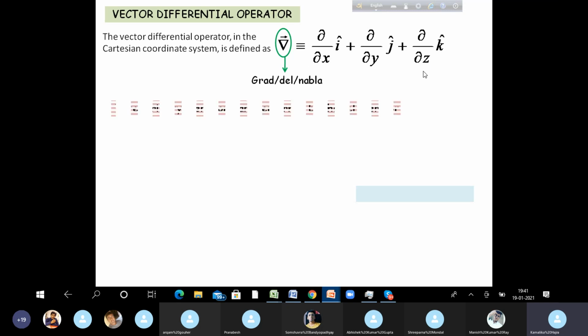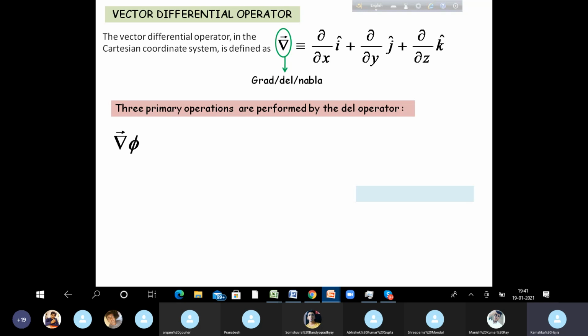So let's see what it does. There are three primary operations that are possible by this del operator. What are they? Grad phi or del phi, where phi is a scalar. When the del operator acts on a scalar function, we get a vector. This operation is called the gradient.